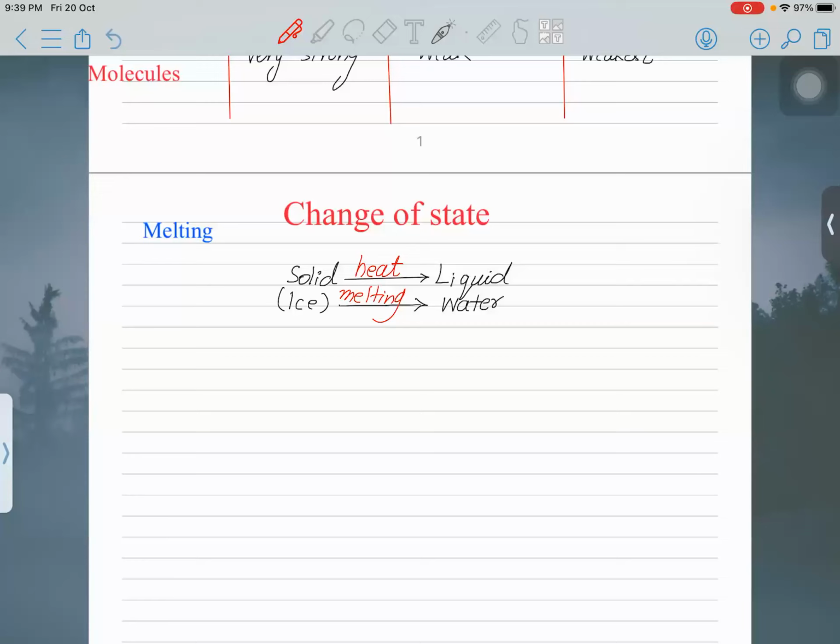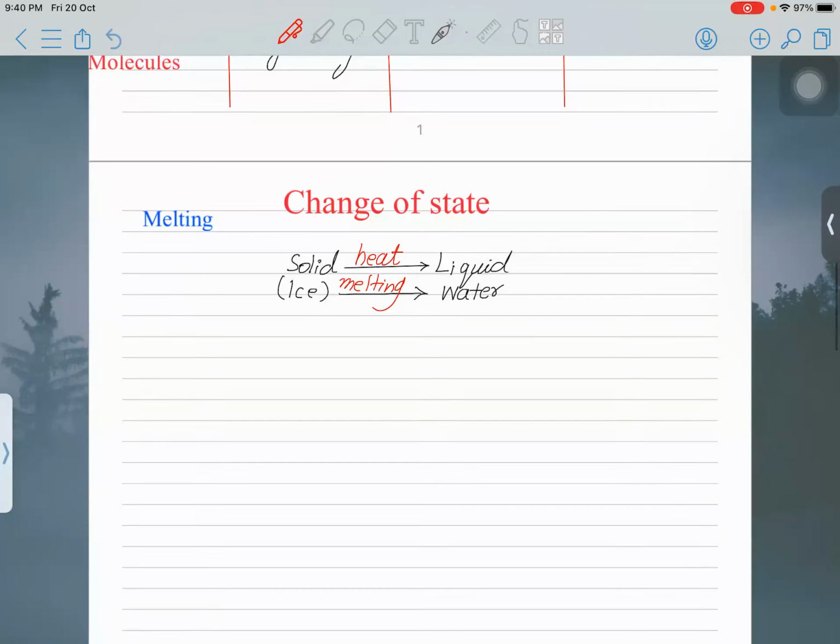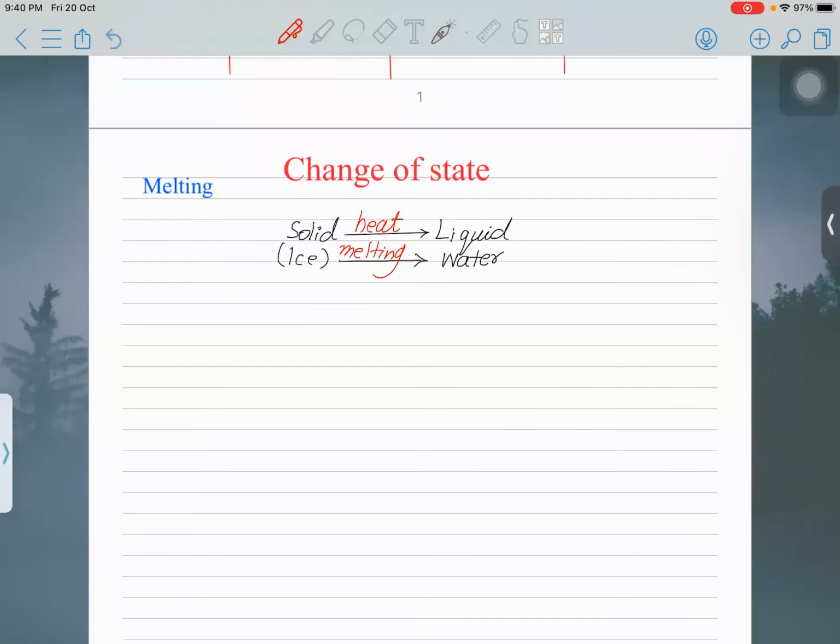So why does a solid convert into liquid? Because when you give the heat to the solid, particles gain energy. They vibrate very quickly. The force of attraction between the particle become weak to hold the particle together. So solid melt.